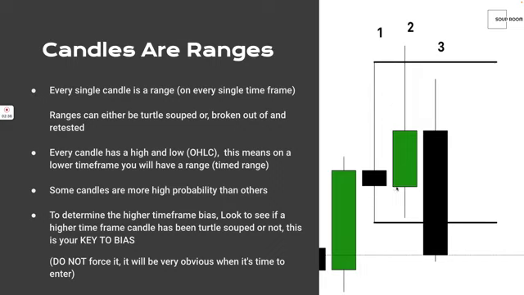Candle 2: open, low, high, rejecting the previous candle's high, so the range high is being rejected, and we close. Third candle: open, high, low, and close. The third candle will present the OTE, right after we soup the first candle's range.